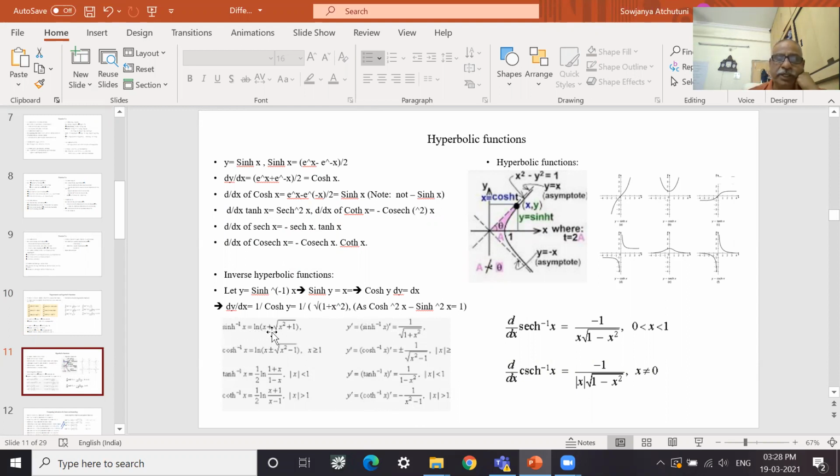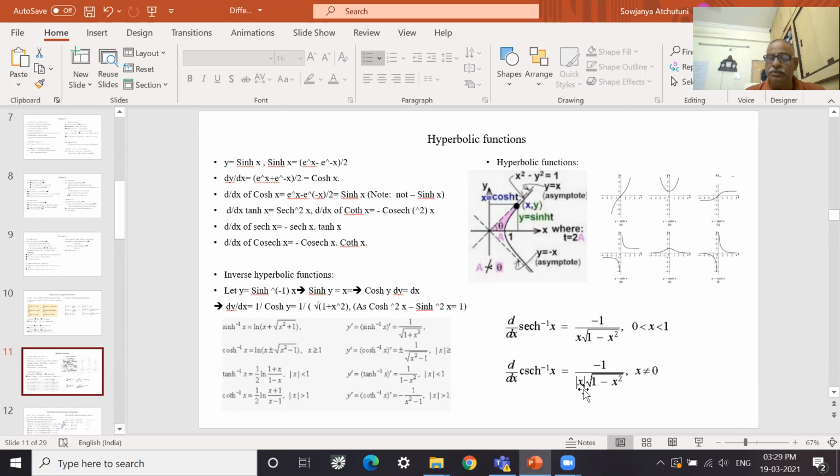Sinh inverse is defined as log of x plus square root of x squared plus 1. Cosh inverse is log of x plus square root of x squared minus 1. Tanh inverse is half log of (1 plus x) by (1 minus x). Coth inverse is half log of (x plus 1) by (x minus 1). In fact, this is the reverse.